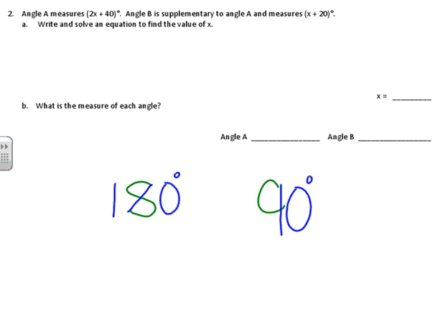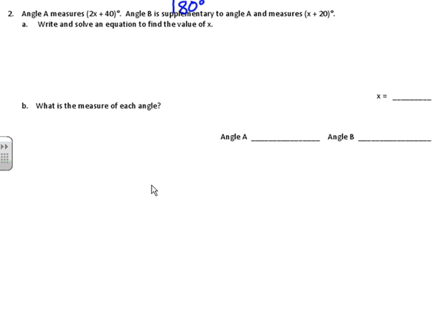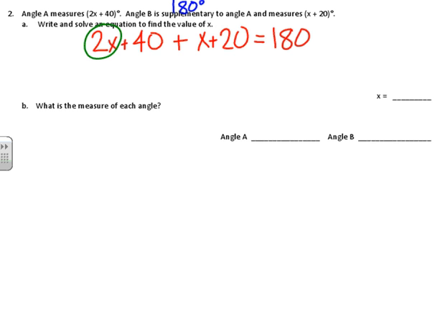Okay, so supplementary is 180 degrees. Now when we set up our equation, we need to have our two angles, and we need to add them up and set them equal to 180 degrees. From here, we can start combining like terms.